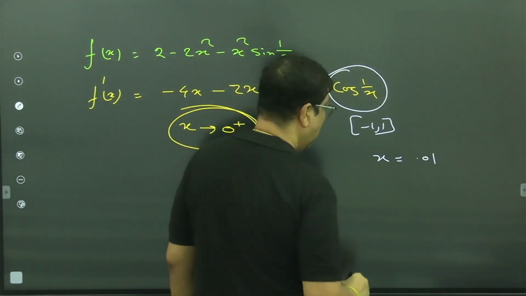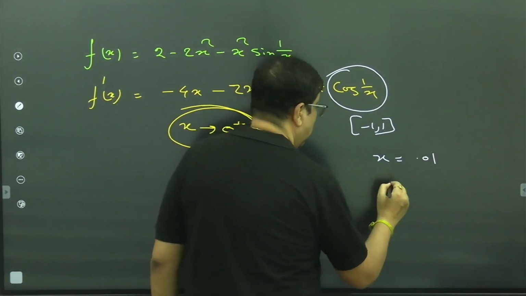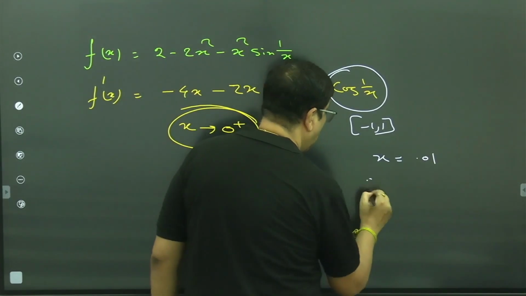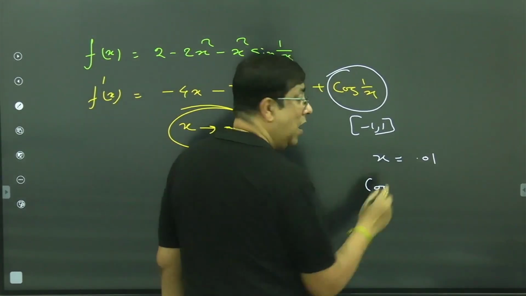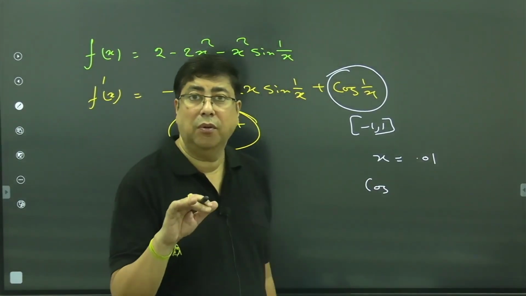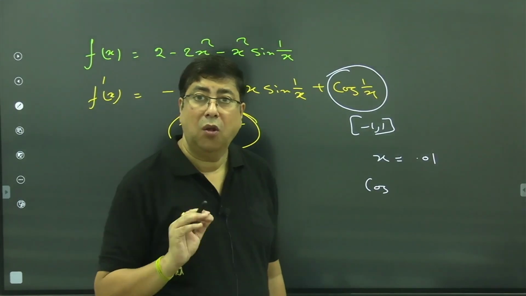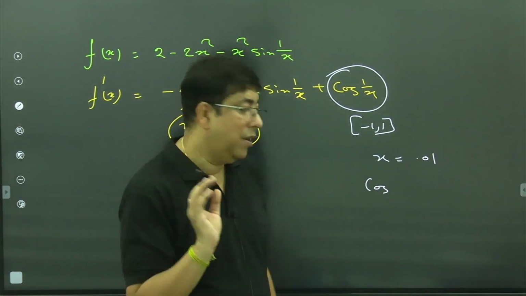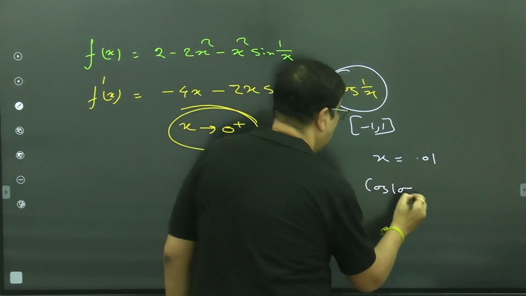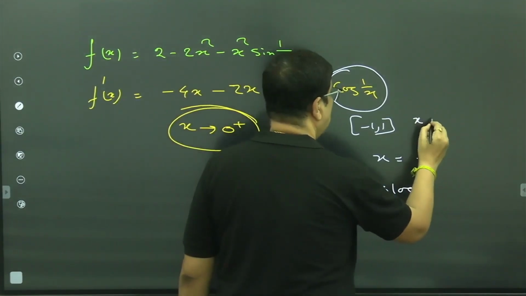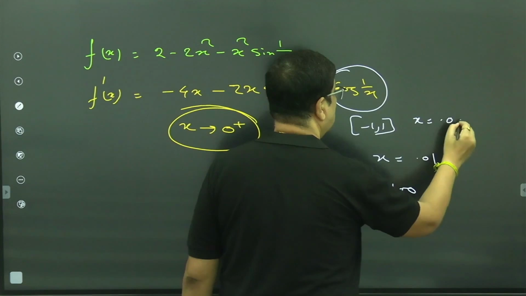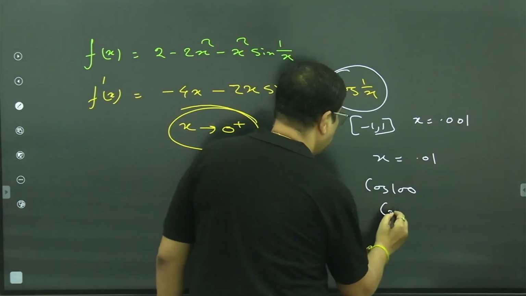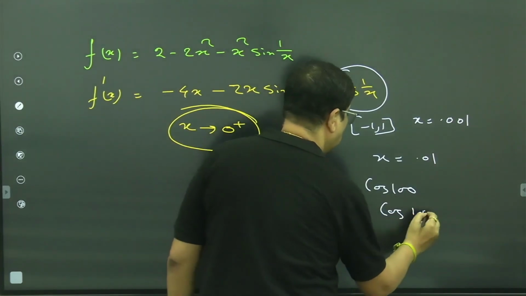Okay, so cos 1 by x will be 1 by 0.01, so that means cos 100. Understand one very important concept. This is cos 100, and somebody is telling x equal to 0.001, so 1 by x will be cos 1000.